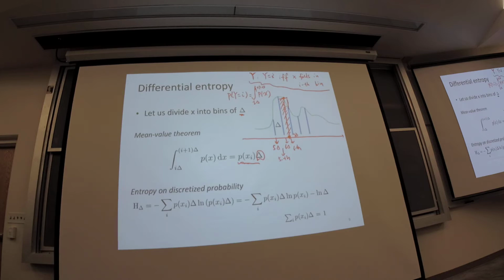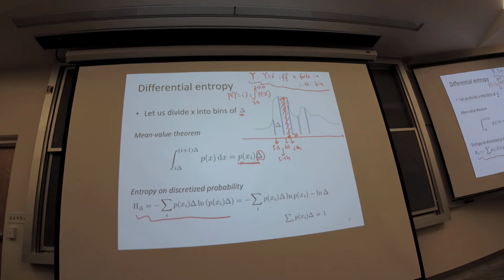And now we can use this to calculate the entropy of the discrete random variable. It's just a summation. You sum over all the bins, which means your discrete random variable y taking 1, 2, 3, 4, 5, 6 until infinity, whatever.